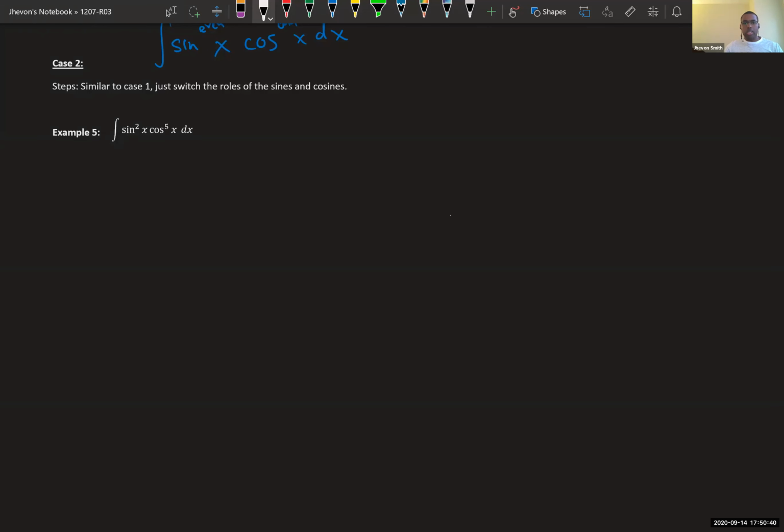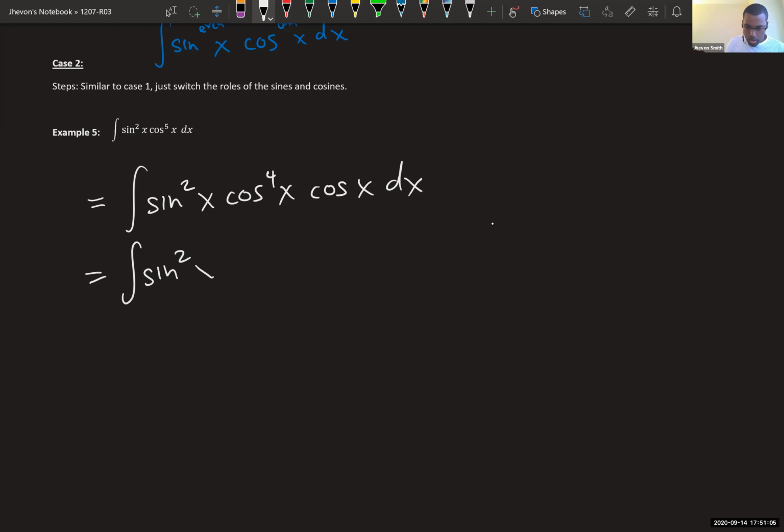Maybe you guys can actually tell me how you want to approach this one. Would you pull out 1 cosine x, and then you'd have sine squared x cosine to the 4th x, which you would replace with the identity. Okay, how do we change the cosine to the 4th to sines?